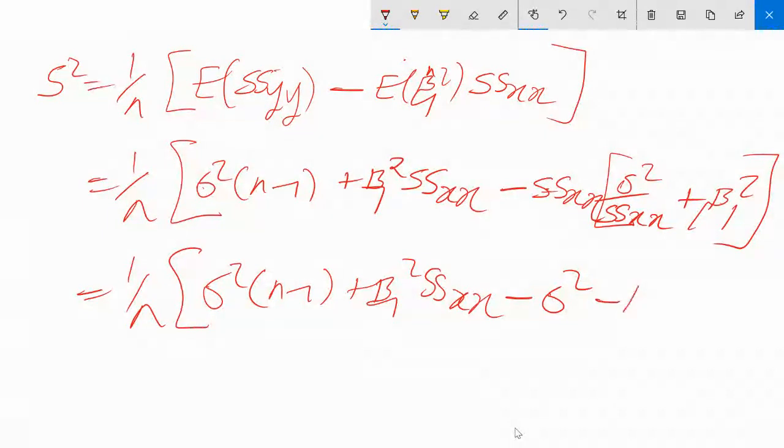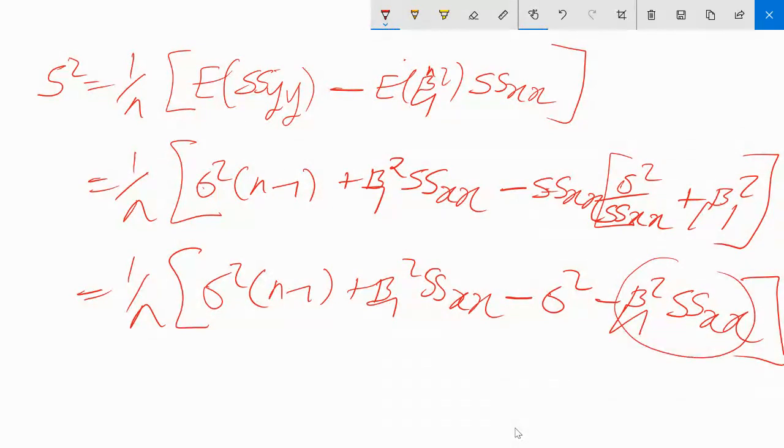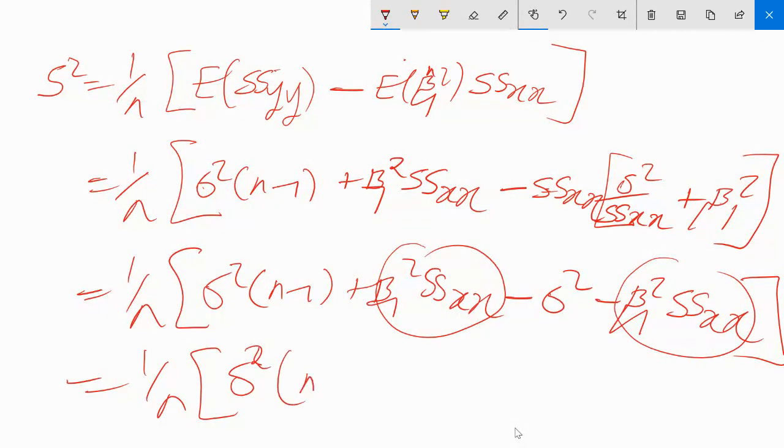This multiplied by this is negative beta 1 squared SSXX, and this will cancel out with this. We are left with sigma squared n minus 1 minus sigma squared. Now sigma squared is a common factor again.